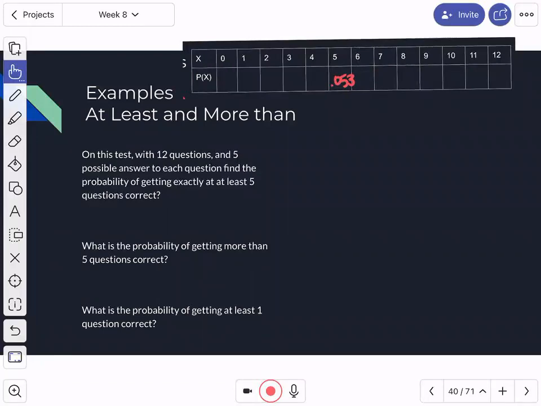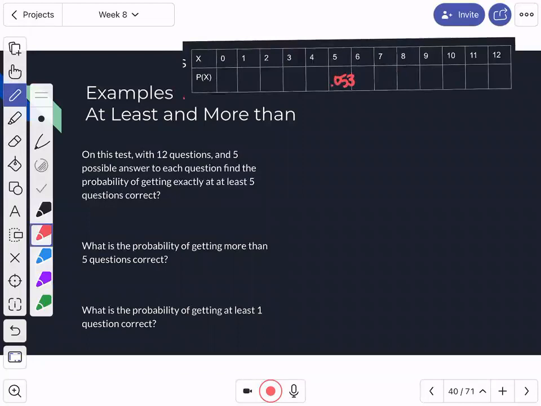So it says, getting, again, I don't like this, at least, getting at least 5 questions correct. What does at least 5 questions mean? That's the probability that x is what? 5 or more, greater than or equal to 5. So on this table, that would be all of these probabilities, right?